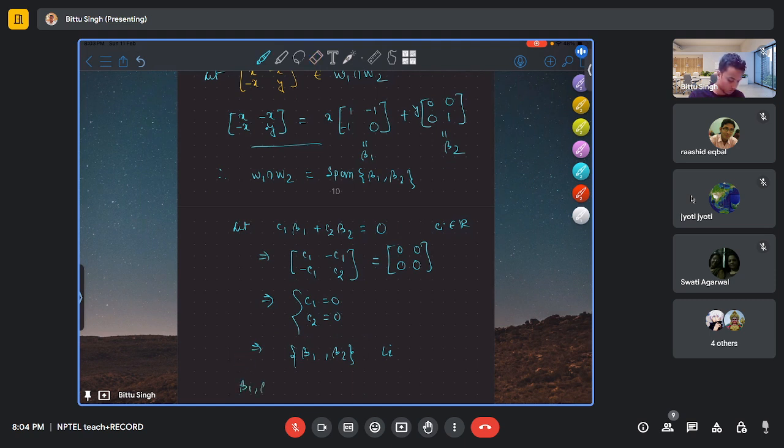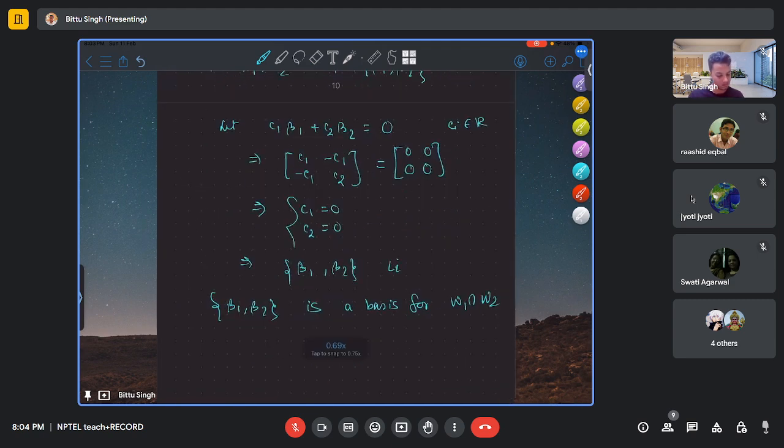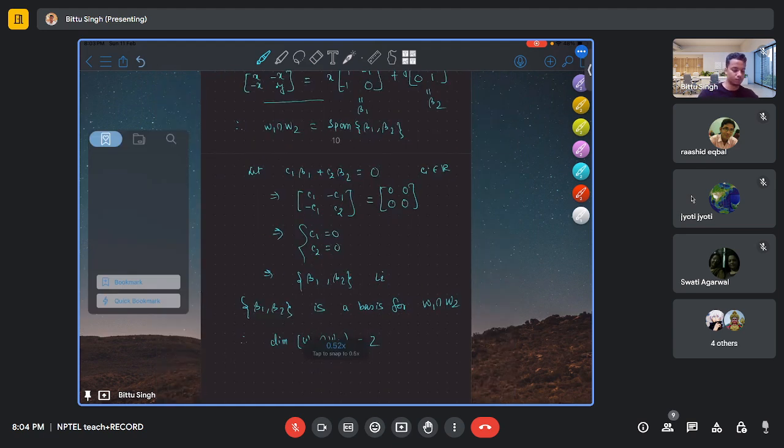Beta 1, beta 2 is a basis for the intersection. Hence, the dimension of the intersection is 2. Okay.